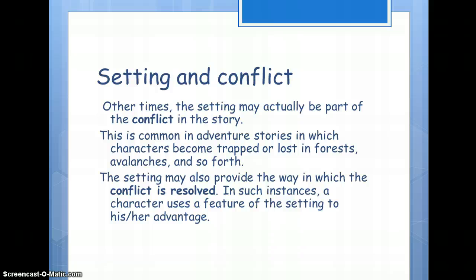Other bobsledders were saying how the ice can also be used to an advantage, because if they have a straightaway, they really gain speed, but they also have to be careful not to lose control. So that's a nonfiction example of setting and conflict being very interrelated.